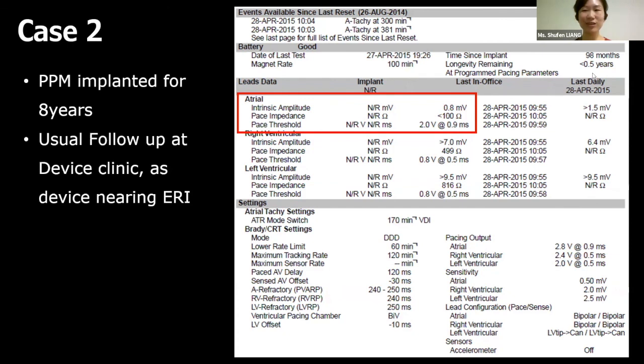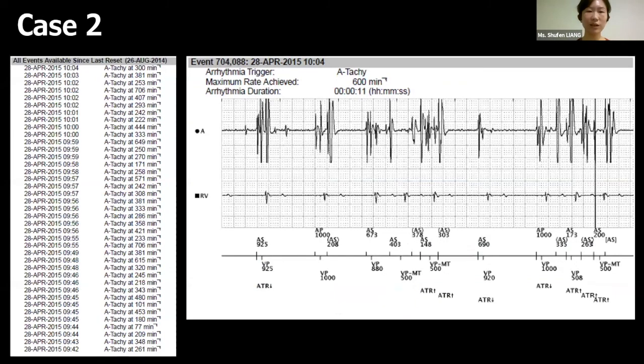So as you can see, the device is nearing ERI, the elective replacement indicator. Here you have the impedance, which is very, very low. And the patient has lots of AT events caught on the device.